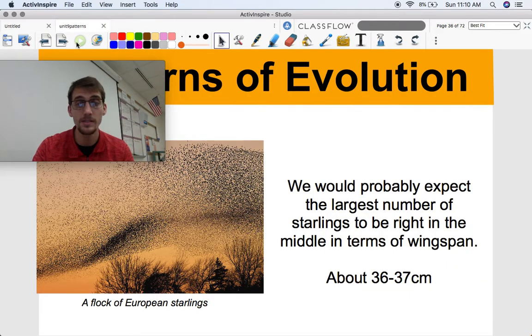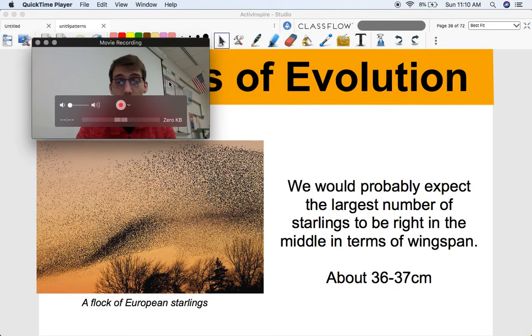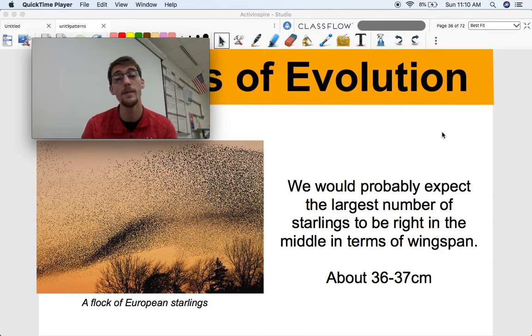We would probably expect the largest number of starlings to be right in the middle, right at what we call the mean or the average. If wingspans range from 31 to 44 centimeters, we're not expecting most of them to be at 44 or at 31. We're expecting a lot of them to be right in the middle, about 36 to 37 centimeters.